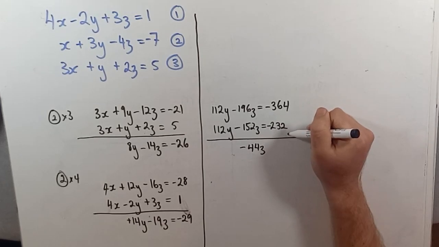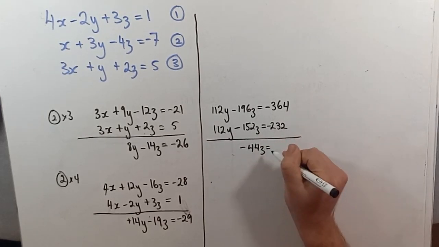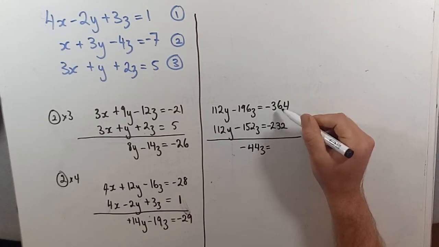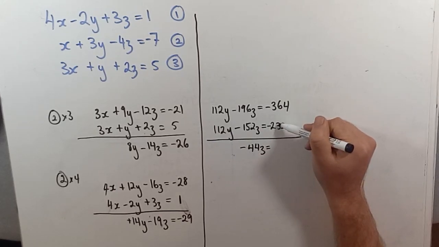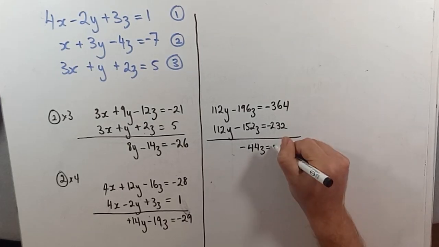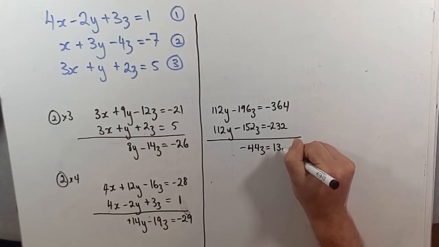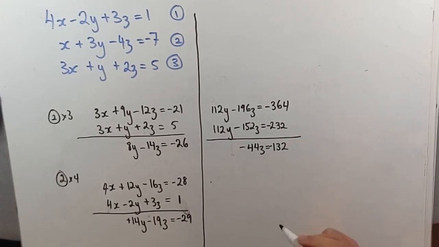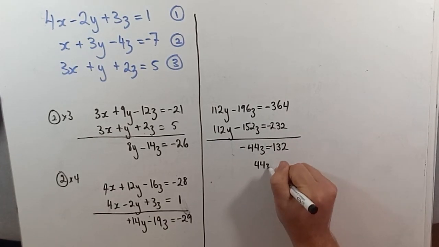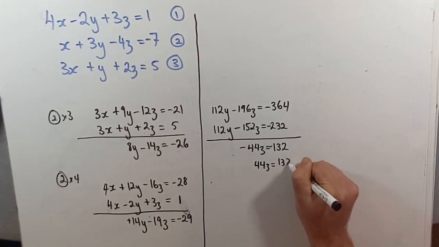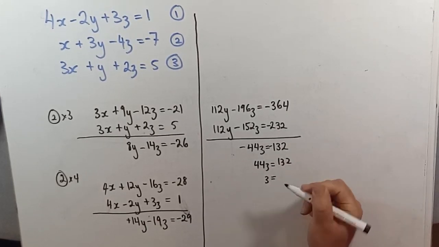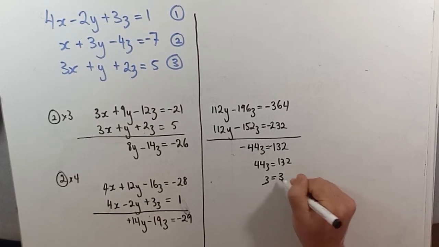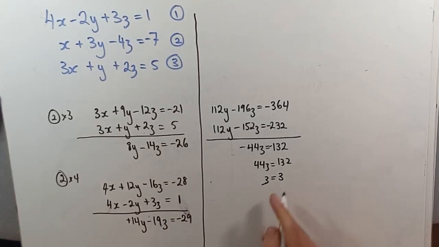The difference between these two is 132, and that's negative. Okay, so then we get 44z equals 132. Z goes into that nicely 3 times. Okay, so that's lovely. We've got z.